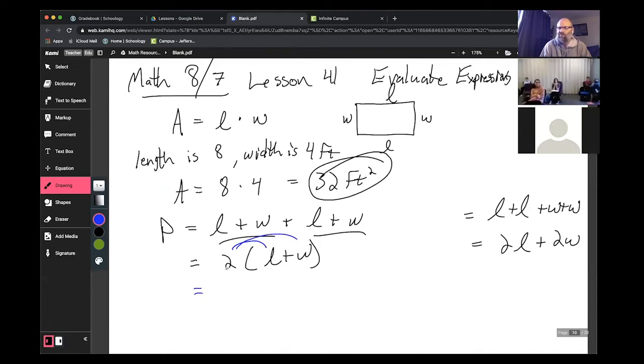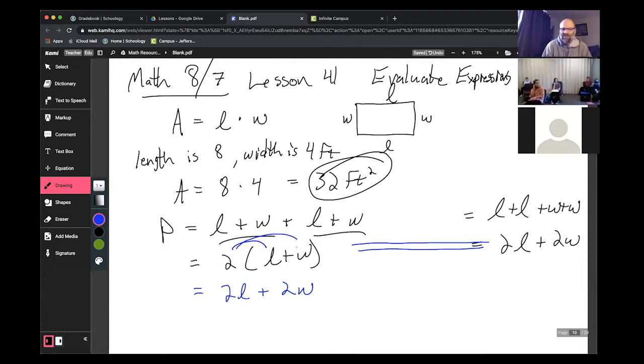You're not just multiplying 2 times L. You're multiplying 2 times L and 2 times W. So this is a good representation of the distributive property, and 2L and 2W is what this is over here. Both of these mean the same thing. So 2 times (L plus W) equals 2L plus 2W.